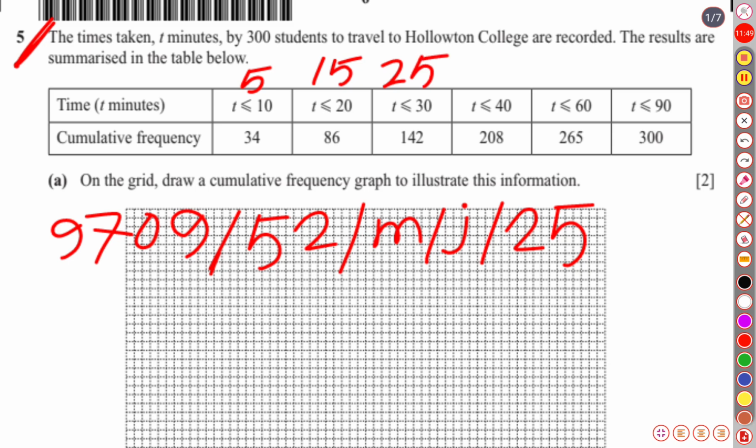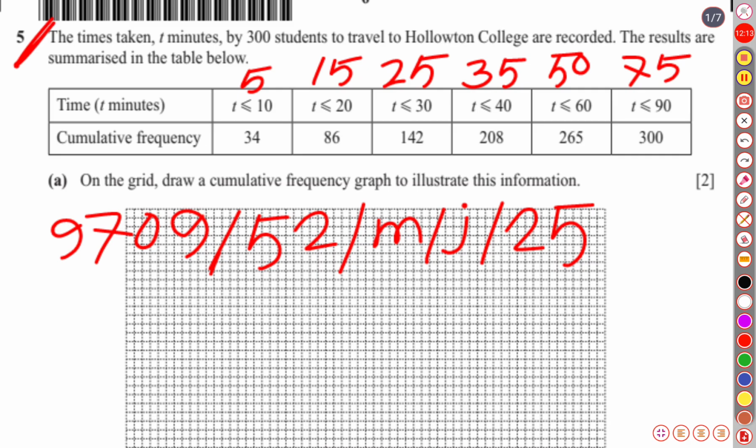Then 30 until 40 is 35. Then 40 until 60 is 50. And 60 until 90 is 75. So our midpoints are 5, 15, 25, 35, 50 and 75.